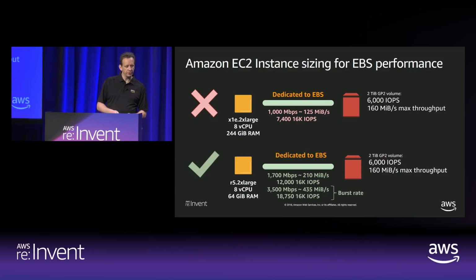If I go with the larger R5 instance, I don't have as much RAM as I had on the X1E, but I have more than enough EBS performance. So in this case, the marks on the left are indicating specifically in terms of EBS performance which one's better, but obviously which one's better is going to pertain to your workload. If the RAM is more important than the performance, or maybe you want to increase it a different way, there's so many different variables.